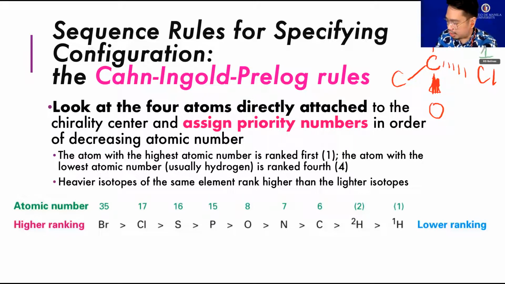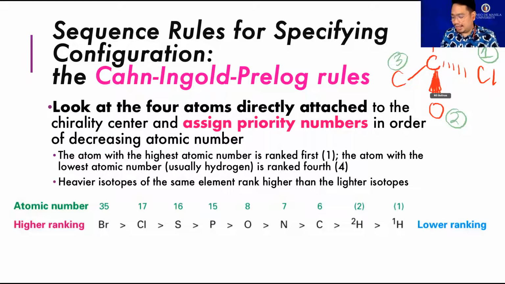We'll rank that 1. We know that after chlorine will be oxygen. Slightly smaller than oxygen is carbon. And then the smallest element is hydrogen, 4. Is it clear to everyone how I ranked these atoms on my chiral center?